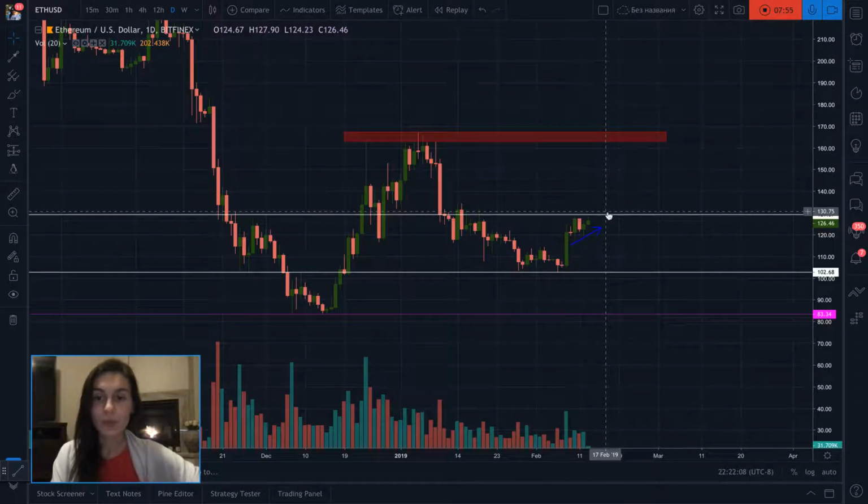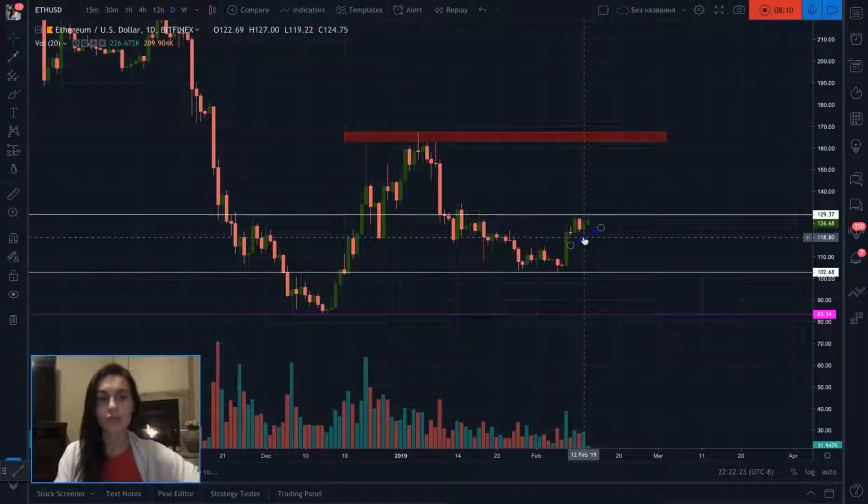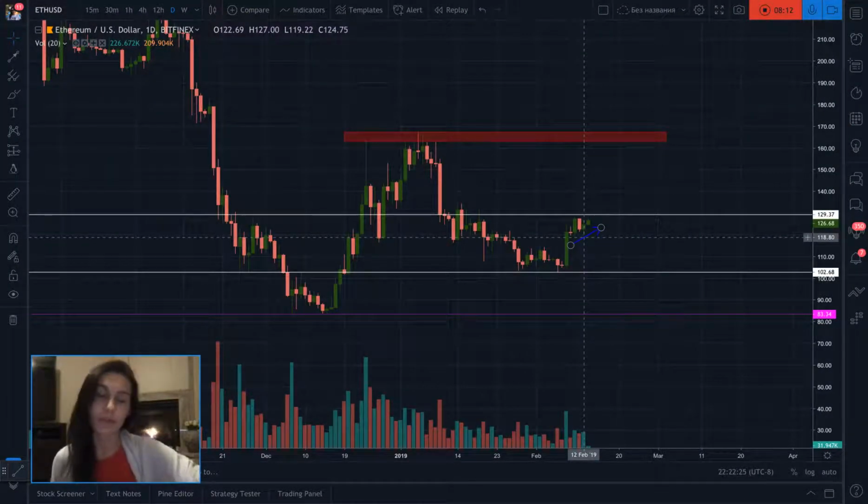You can put your limit order for a long position over here, like 130.75, that is enough for you. This is a good chance to open this position, because you can put your stop loss somewhere here, according to your risk reward ratio.